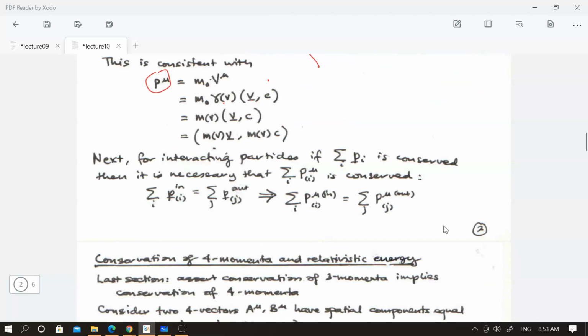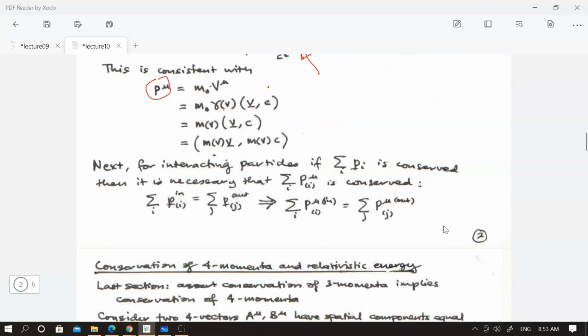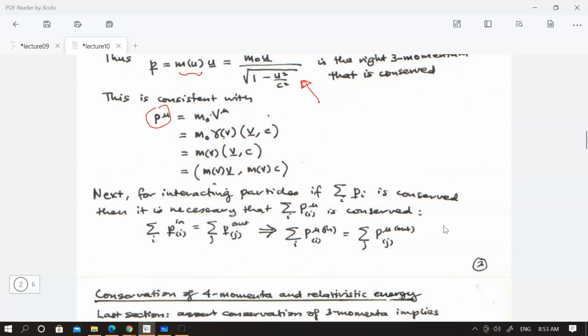So finally, if we have the three-dimensional momenta to be conserved, then your four momenta is also going to be conserved. In other words, conservation of the three momenta would imply conservation of the four momenta.